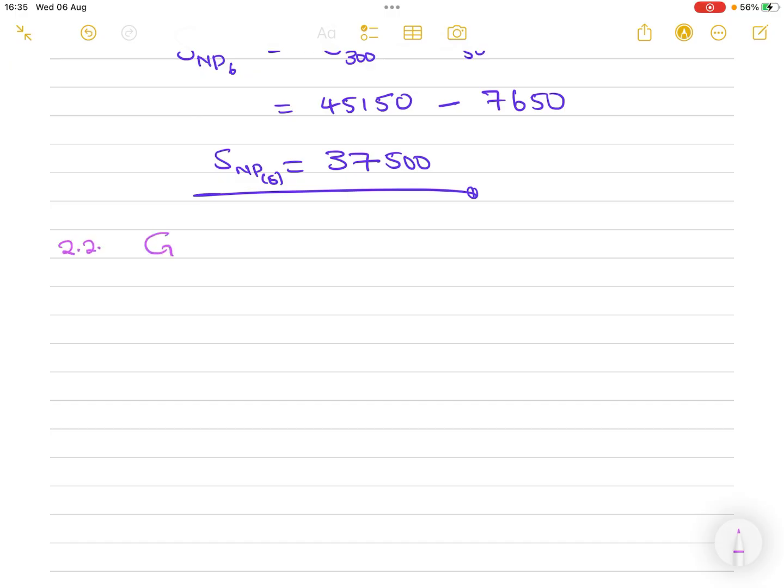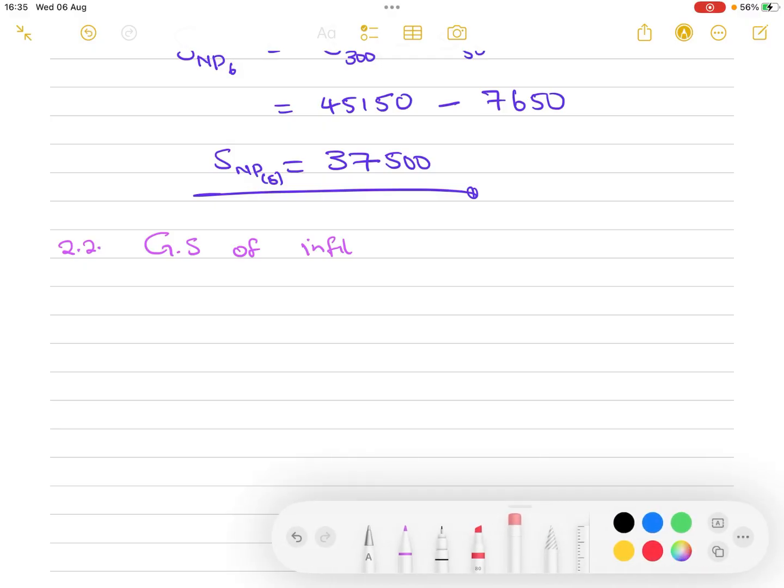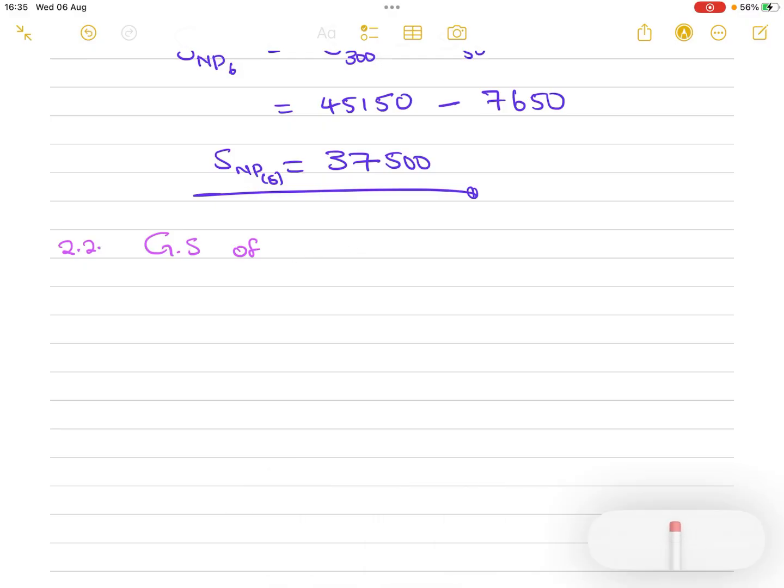So it's 2.2. Here I have this geometric series of what? Of infinite. You can think of something when someone speaks of an infinite sequence. Okay.